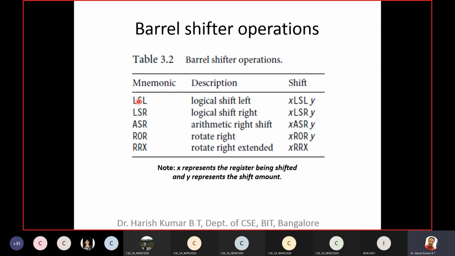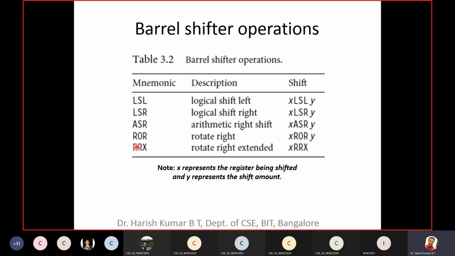Now all these: LSL, LSR, ASR, ROR. How many bits maximum can they rotate? They can rotate 32 bits because 0 to 31 is the capacity and the total comes to 32 bits. But this RRX can rotate up to 33 bits, not 32, 33 bits. And where is that other bit coming from? That bit is the carry flag.